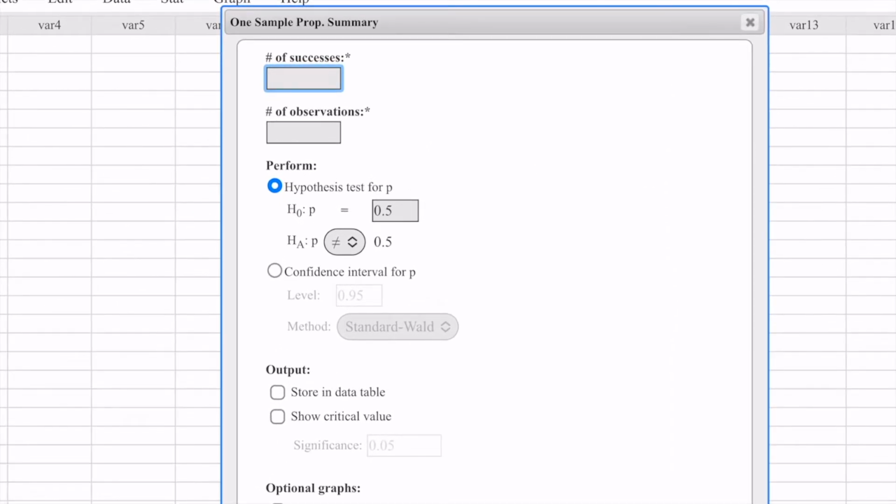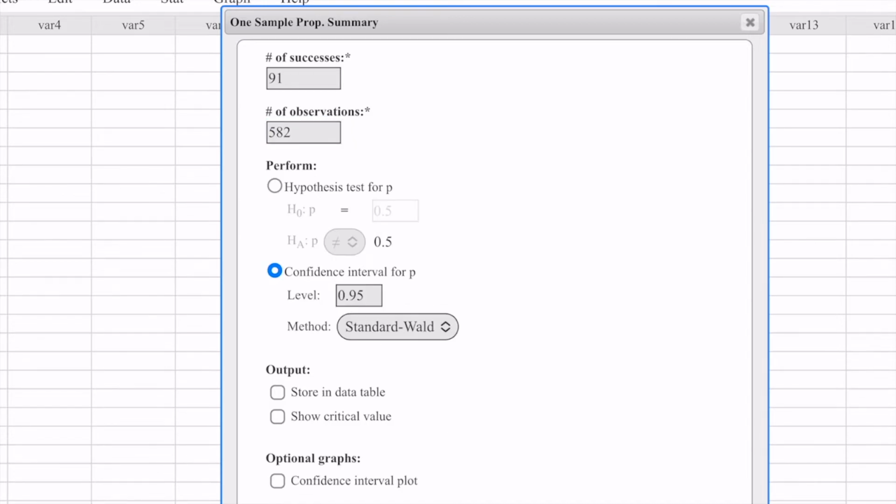Okay. Our number of successes, 91. Number of observations, 582. We are doing a confidence interval. But this time, our confidence level is 0.99. We want to be 99% confident. Let's go to Compute.